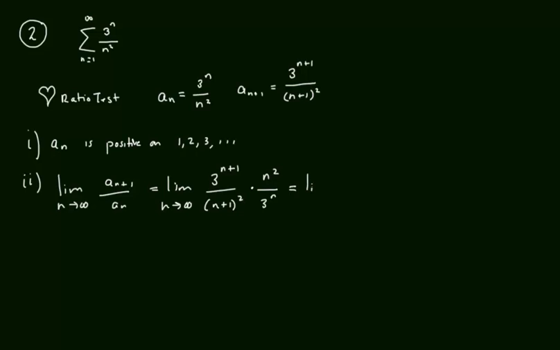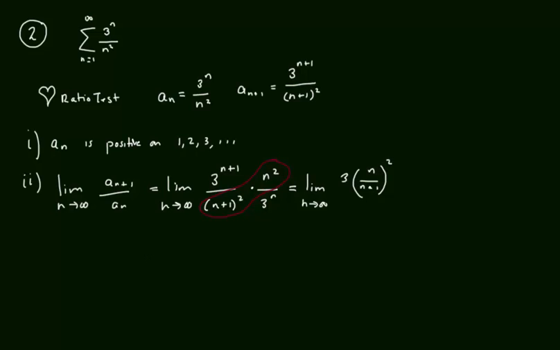So this is the limit as n goes to infinity. The 3 to the n plus 1 over 3 to the n will reduce to simply 3. Then when I have n squared over (n plus 1) squared, I'm going to write that as the quantity n over n plus 1, squared.